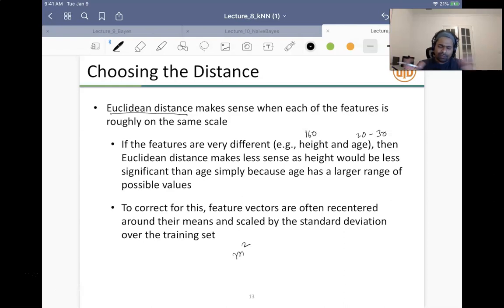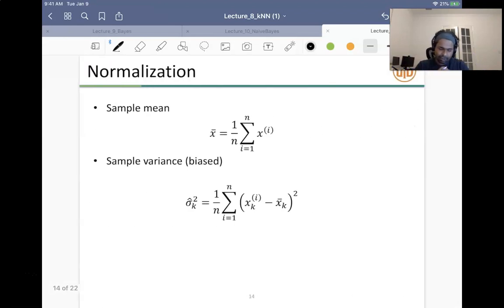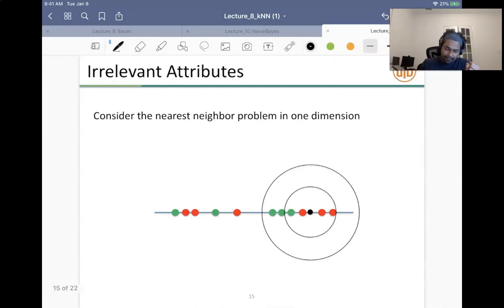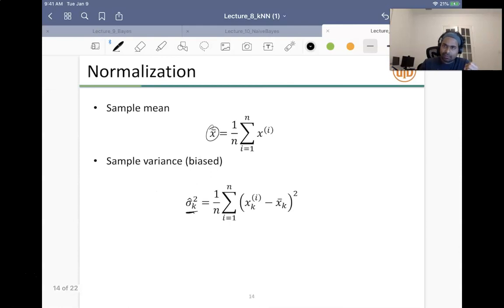So a simple way of doing this is recentering around the means and scaling by the standard deviation. This is exactly what I discuss here as a normalization. I compute the sample mean, which is x bar, and then I look at the sample variance, which is sigma squared k. I do this for each dimension. Assume x bar k is the kth dimension of the mean.